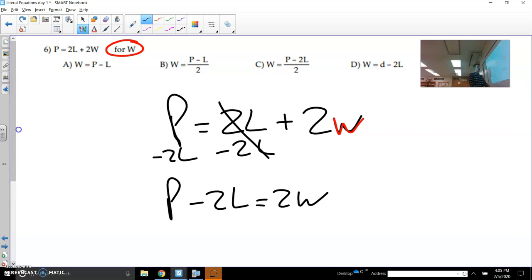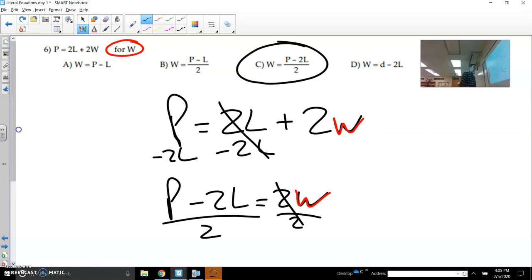And then again, if you're trying to get W by itself, lock in on anything that's on its side. Recognize what it currently is doing. It's currently multiplying, so I want to divide that away. And we really want to look for the same answer here. Looks like W again, P minus 2L over 2. That is how we can solve just for W.